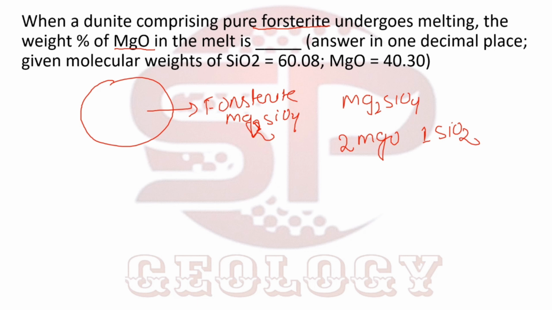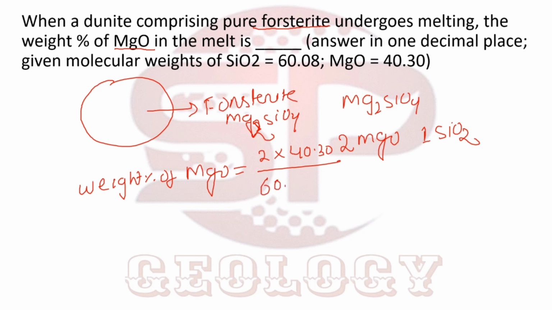In Mg2SiO4 we have 2 moles of MgO and 1 mole of SiO2. So the weight percentage of MgO will be the weight of MgO, that is 2 times 40.30, divided by the total weight, 60.08 plus 2 times 40.30.